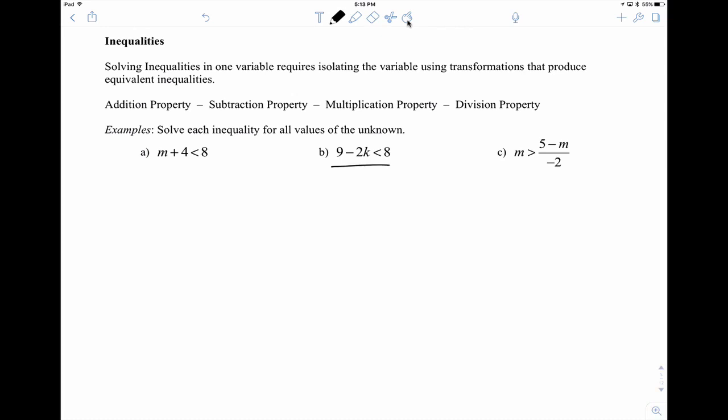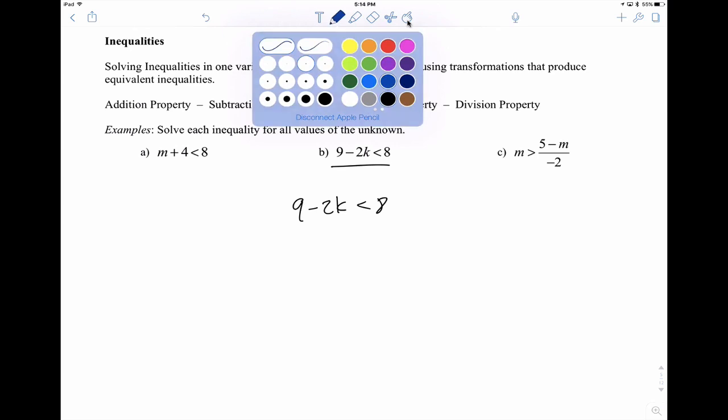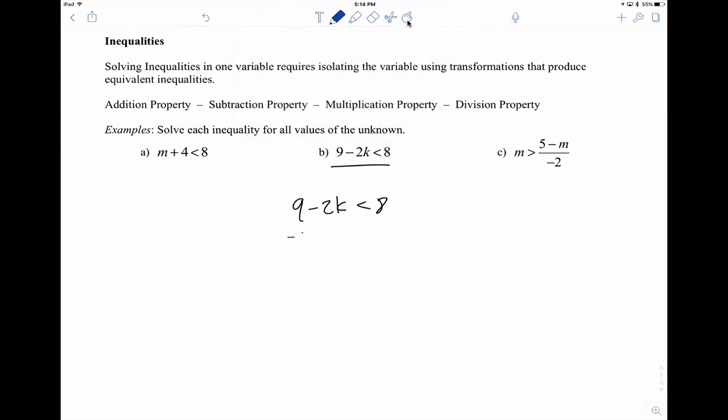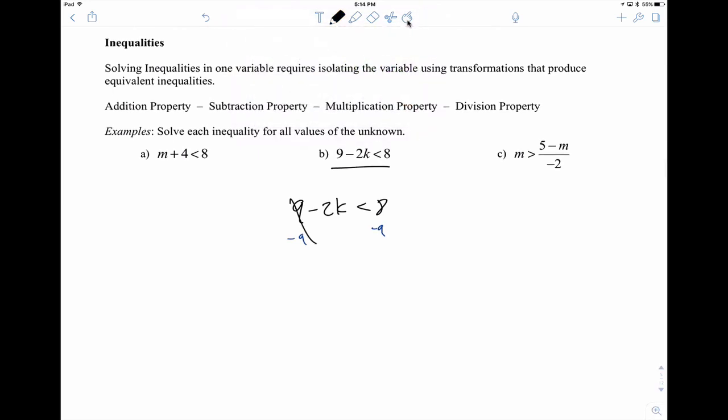So just for completion's sake, this is just getting back to inequalities, straightforward without absolute value. So 9 minus 2k less than 8. Okay, so we're going to go minus 9, minus 9, and cancel those out. So we get minus 2k is less than minus 1.